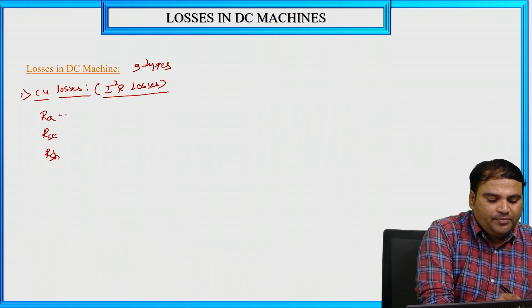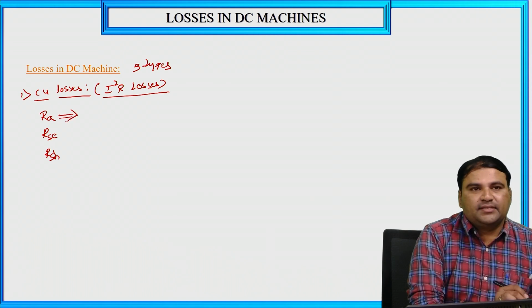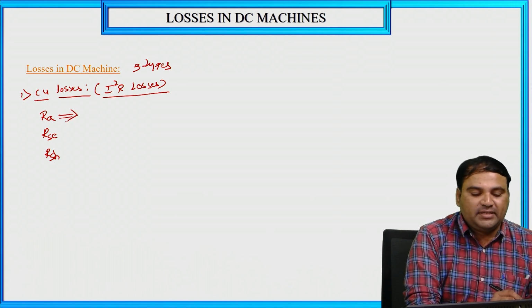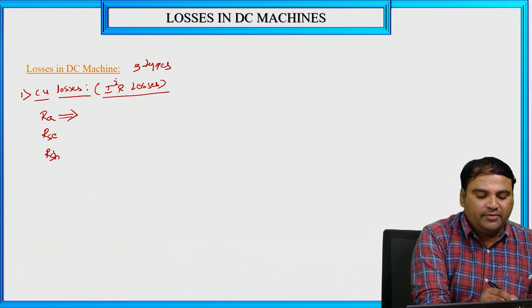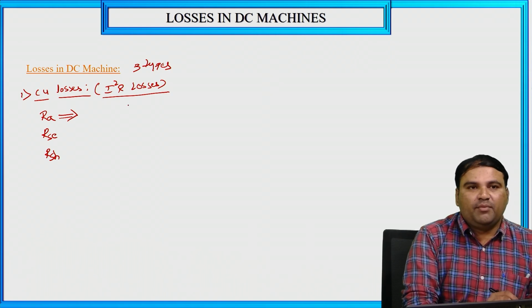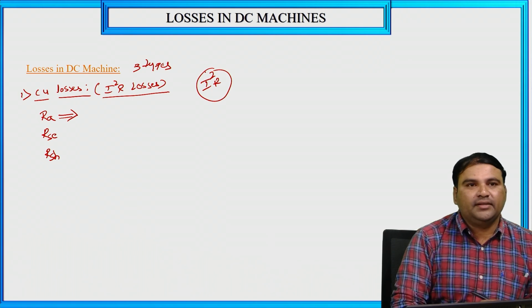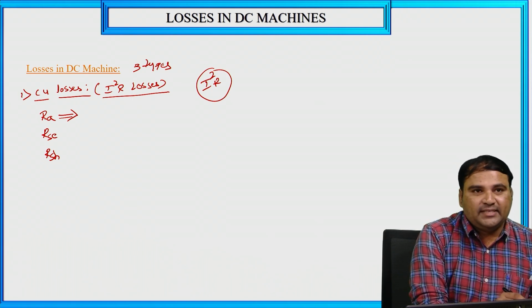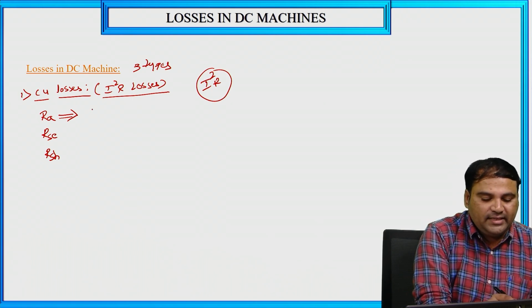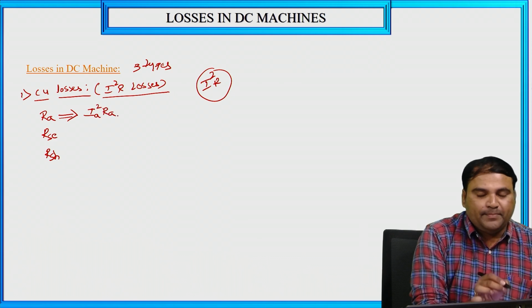At the armature resistance, the copper loss is represented in terms of I square R, that is Ia square into Ra.